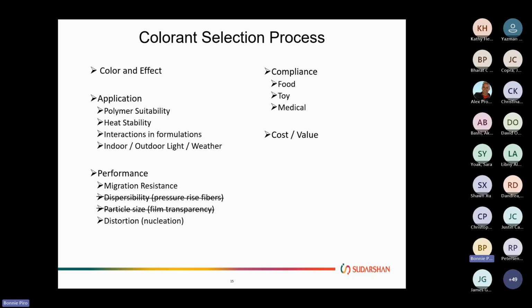But certainly you have to make sure that it's the right polymer and the right heat stability profile that the dye will see, matching those up. Interactions with other things in the formulation: this is not necessarily an interaction, but if you're using a mix of dyes, the UV fade rate will be different between one dye and another. So that might be part of that selection process.